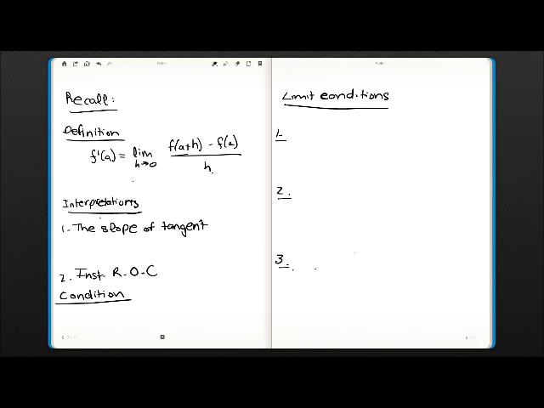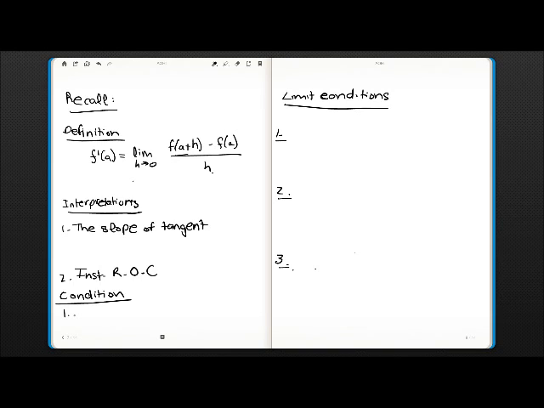Basically, it tells us the slope of the tangent for the function f of x at a certain point, say x equals a in this case. This also tells us the instantaneous rate of change of the function f of x with respect to x equals a.